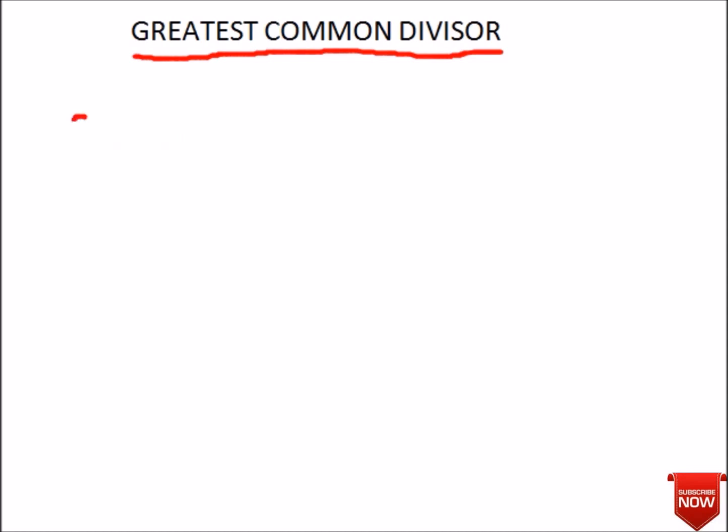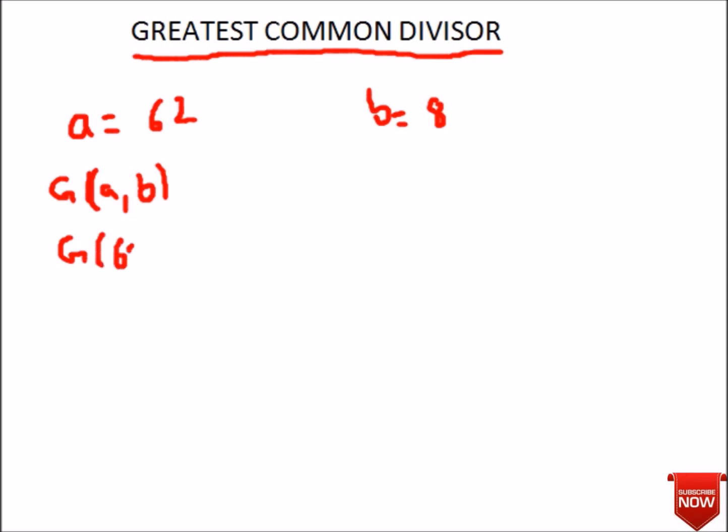Suppose we have a number A with value 62, and another number B with value 8, and we have to find the greatest common divisor of A comma B. So now call the function. So here we have 62 comma 8.